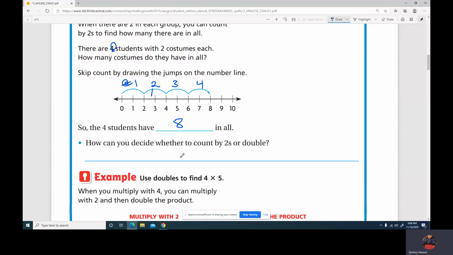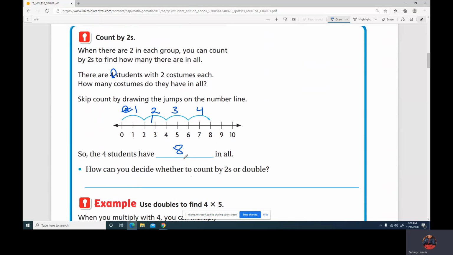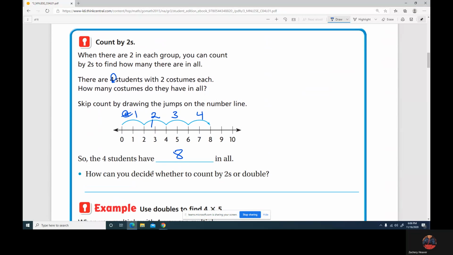How can we decide whether to count by 2s or double? Well, it's really what you prefer. If 8 plus 8 is easier for you, then that's fine. Or skip counting by 2.